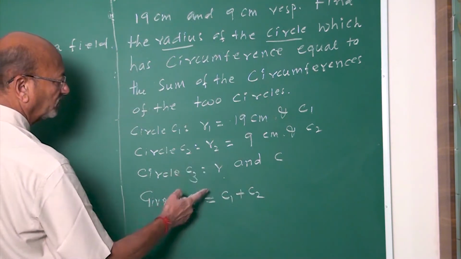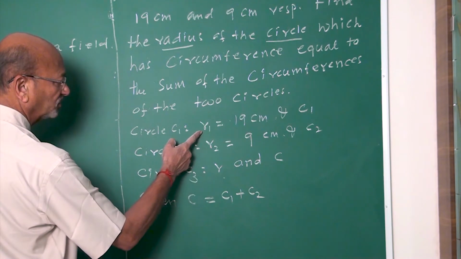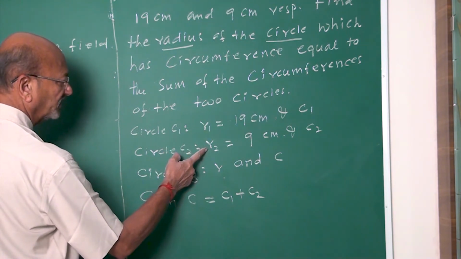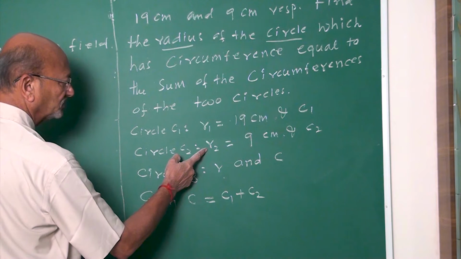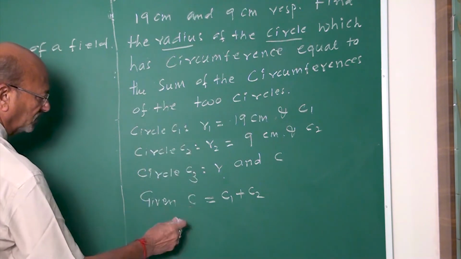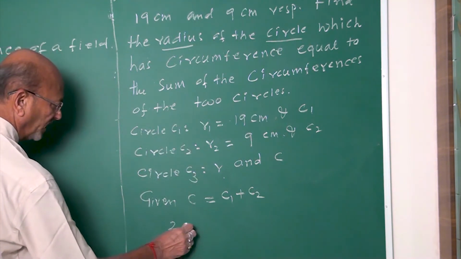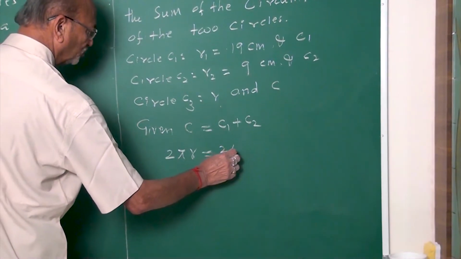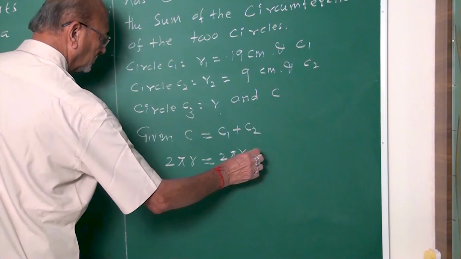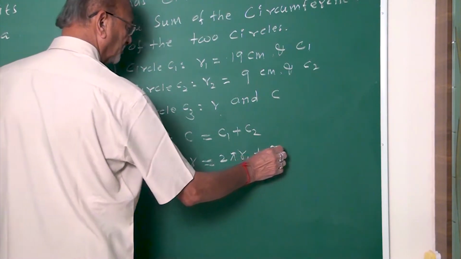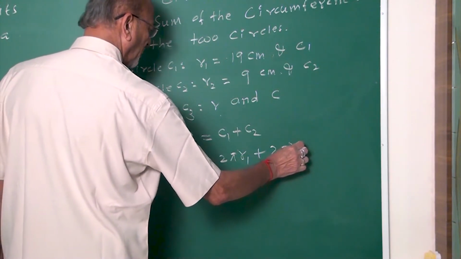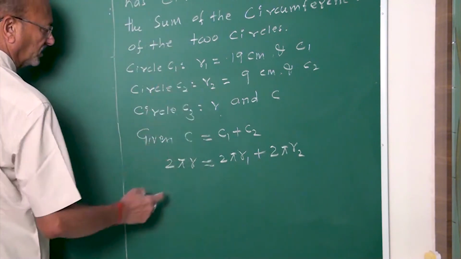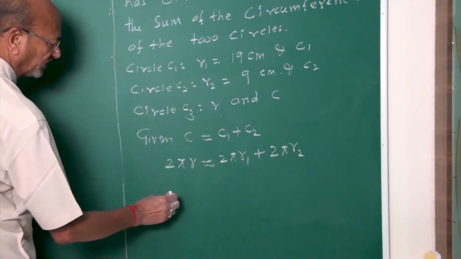Its radius is what, my friend? R. Radius of the first circle C1 is R1. Radius of the second circle C2 is R2. For the circumference 2 pi R, we have taken R equal to 2 pi R1 plus 2 pi R2. R2 is the second circle. 2 pi cancels, my friends.